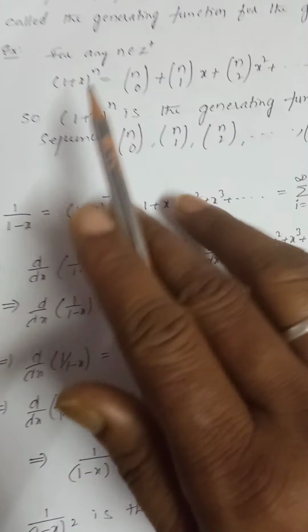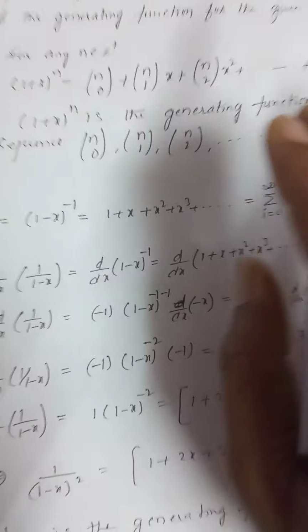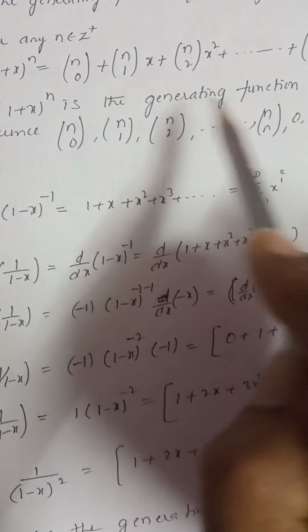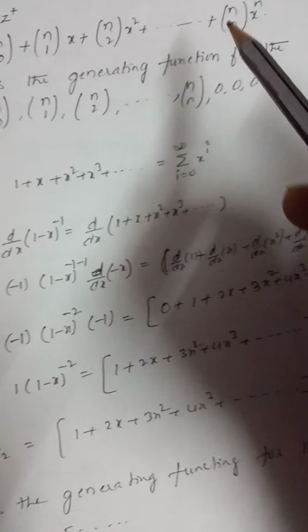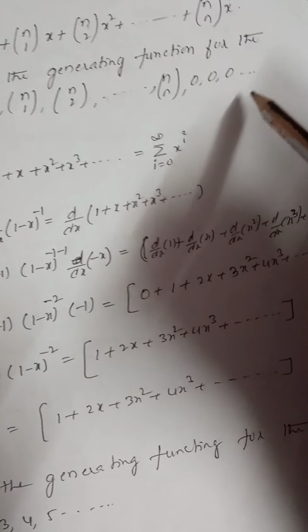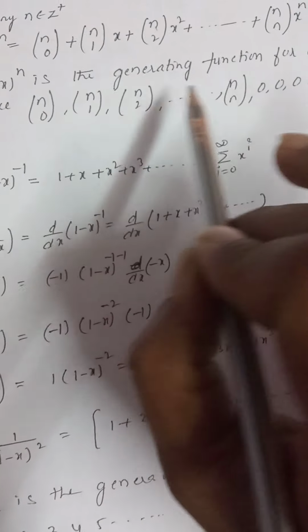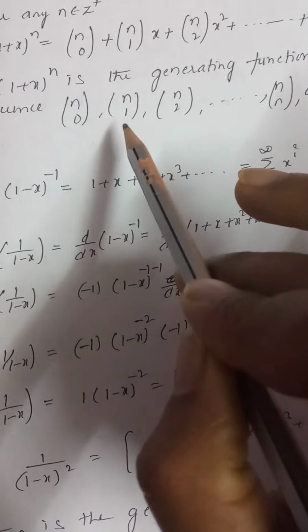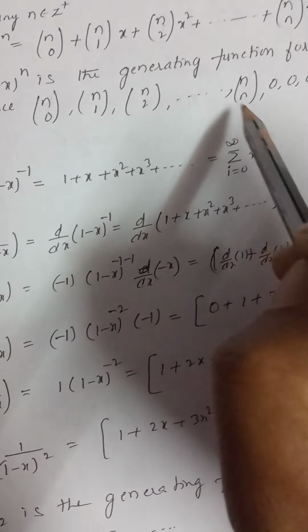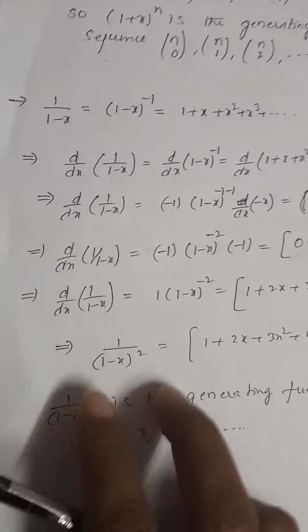This is the binomial expansion. Now we need only the coefficients: nC0, nC1, nC2, nC3 and so on up to nCn. Rest of the terms are zeros. Therefore (1 plus x) whole power n is the generating function for the sequence nC0, nC1, nC2, and so on, nCn, 0, 0, 0.